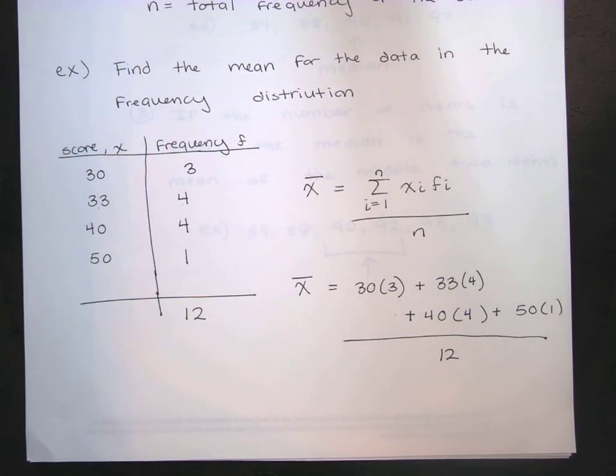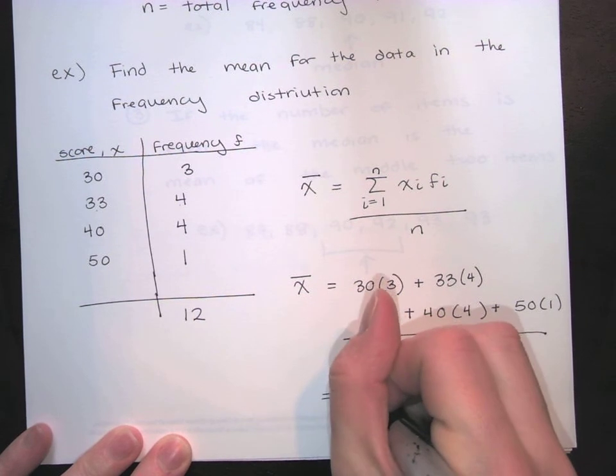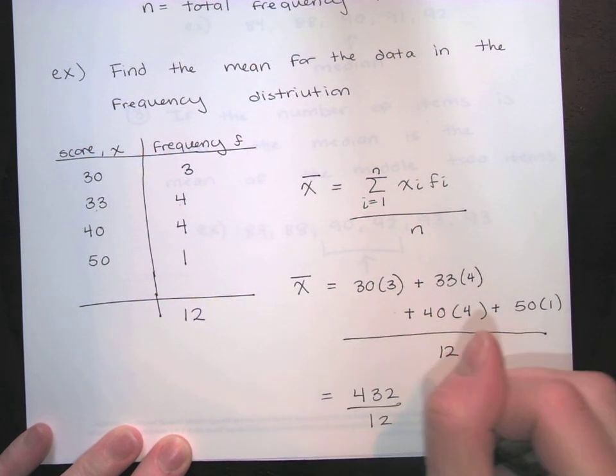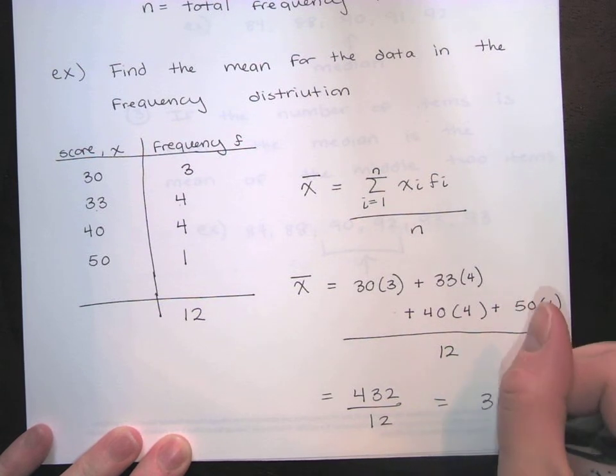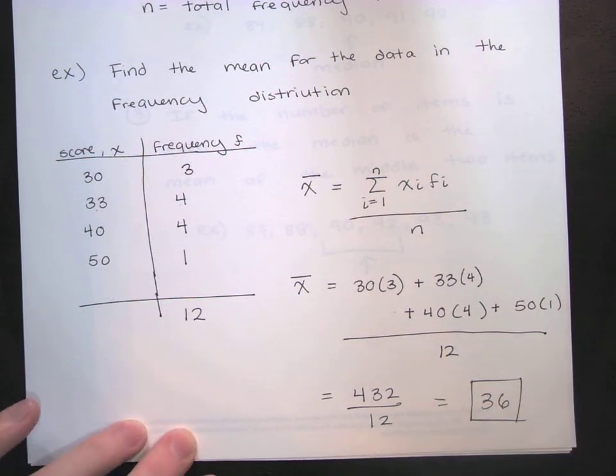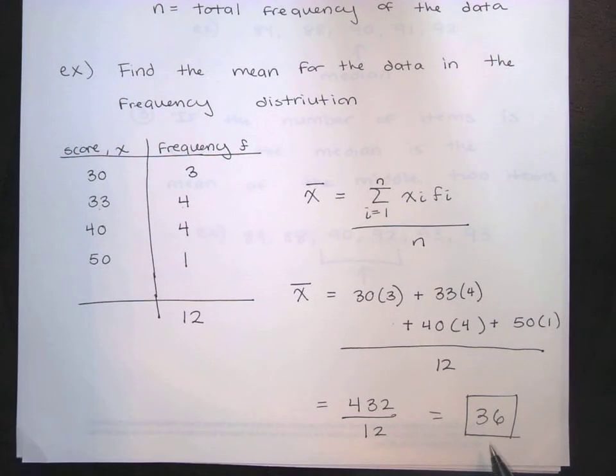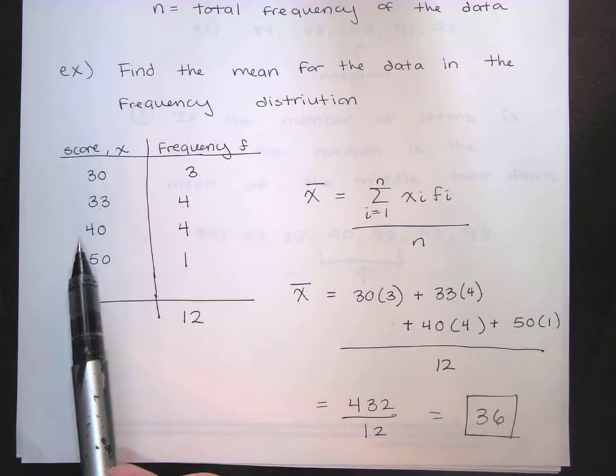So it's the exact same formula for finding the mean that we are used to, just a little different notation. So 30 times 3 plus 33 times 4 plus 40 times 4 plus 50 times 1 is 432. And then when I divide that by 12, I get 36. So from the frequency distribution, the mean of my data for all these scores is 36.